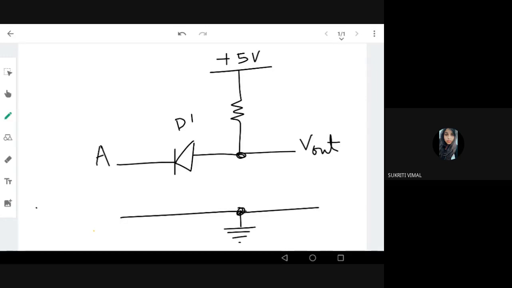The same concept applies here. Whenever the voltage A is low, the diode is on, and when the diode is on, the output Vout is 0.